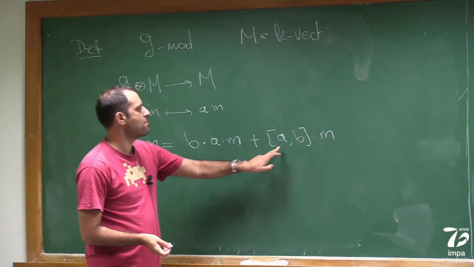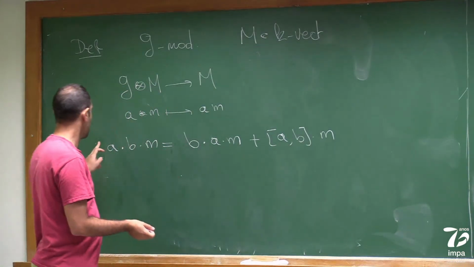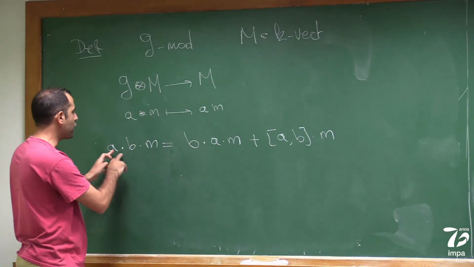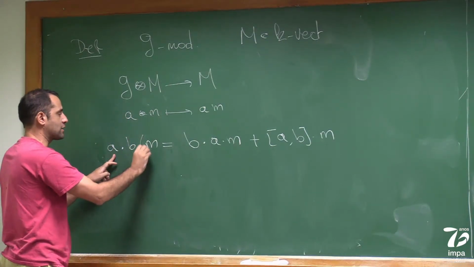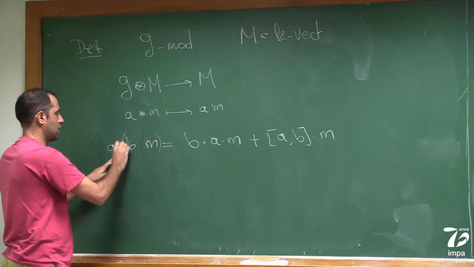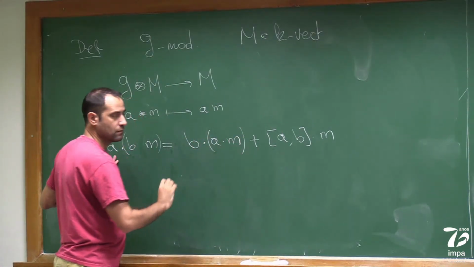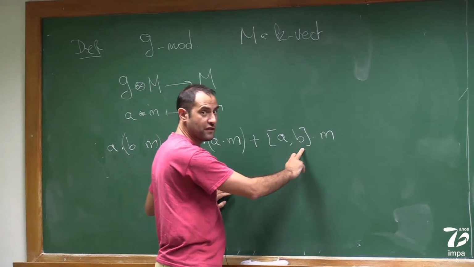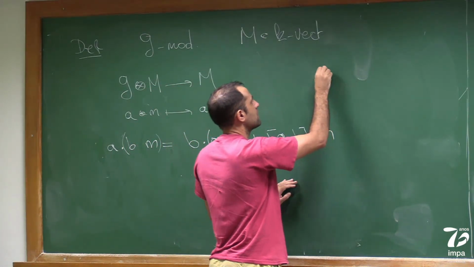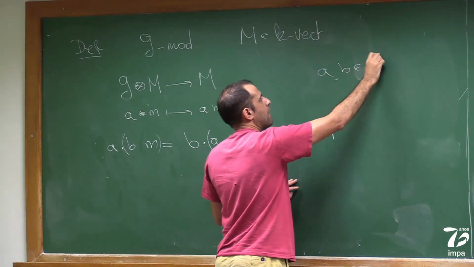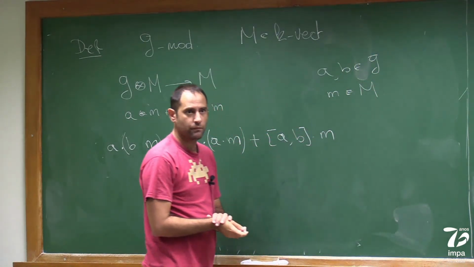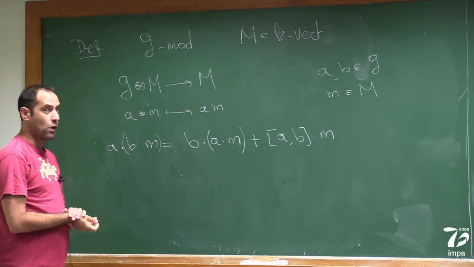In other words, the bracket of A and B acts as AB minus BA acting on M. Notice that I don't have a multiplication in G, so these are all actions. This is an element of the module, and I can act by an element of the Lie algebra, and this is an element of the Lie algebra, and I can act on the module. So here A and B are in G, and M is in the module M. So that's the definition of a Lie algebra module.